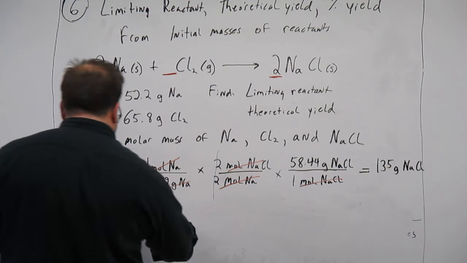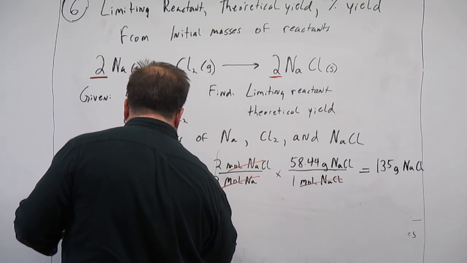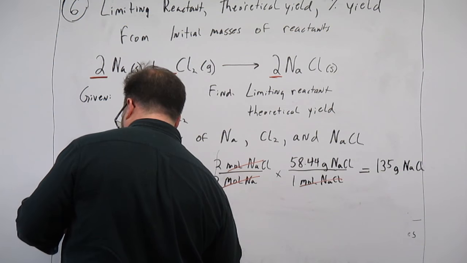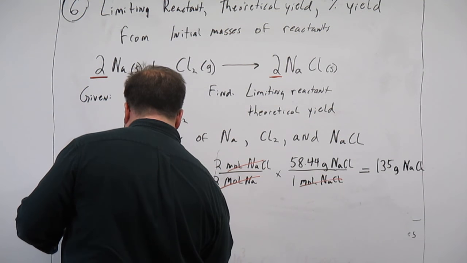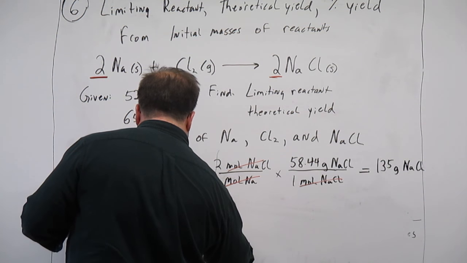If I look up the molar mass of chlorine, I know that for every mole of Cl2, which is chlorine gas, that's going to be 70.90 grams of Cl2.